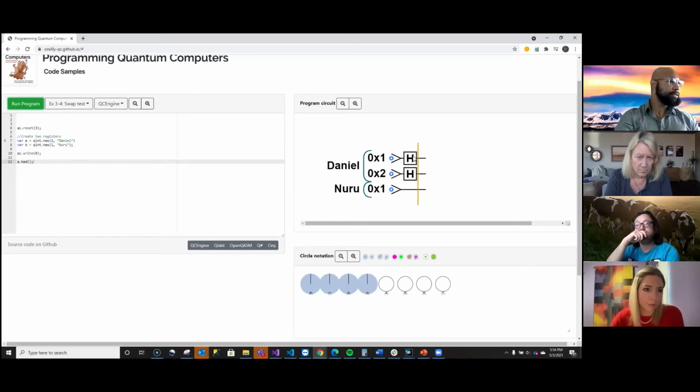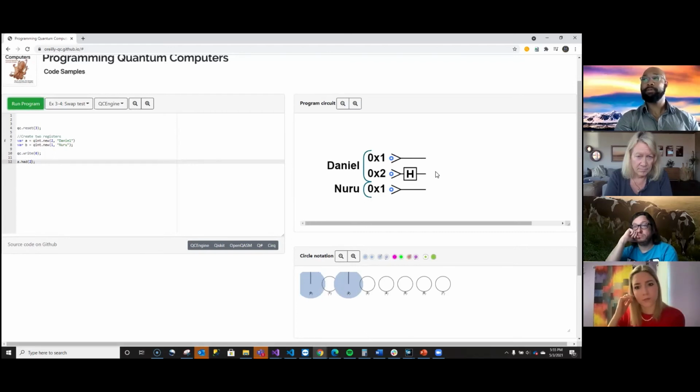Or if I do a.had with 1 inside, I only put the first one. If I do 2, I put the second one. So this is a little trick for you guys. And if you did 3, it would do both again. Check.